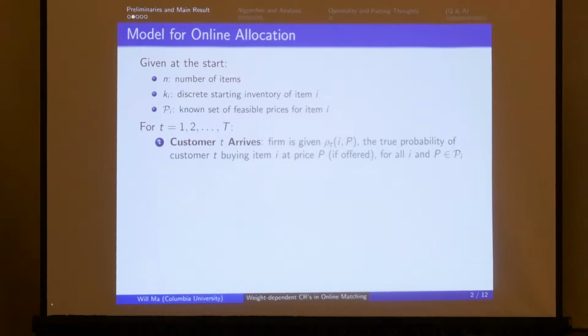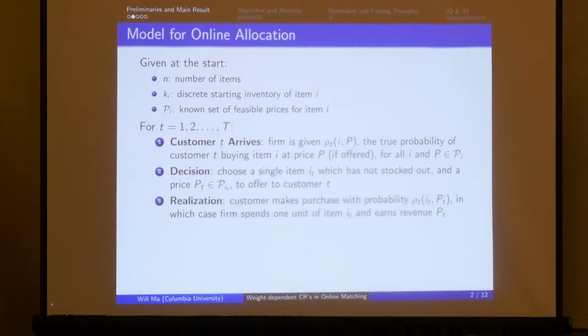Okay, and then my decision is to choose a single item which has not stocked out, so I still have that type of room available, and a single price to offer to the customer t. After that, I immediately see a purchase realization according to the probability given, and if the customer makes a purchase, I spend 1 unit of that item and I earn the price as revenue.